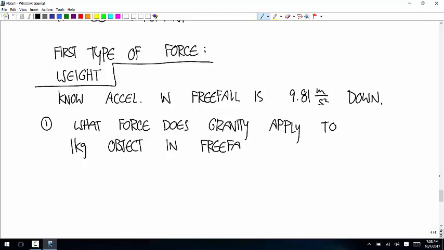The reason that I'm going to think first about something in free fall is because the definition of free fall is that the only force acting on an object is gravity. So we can just isolate what the force is that gravity applies.